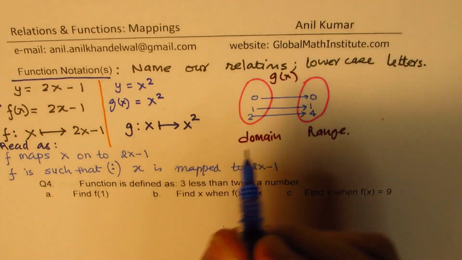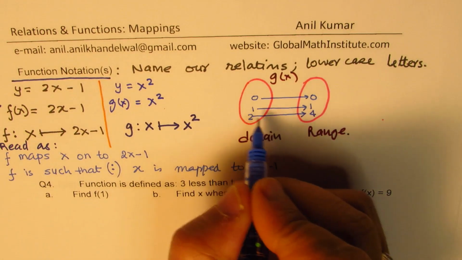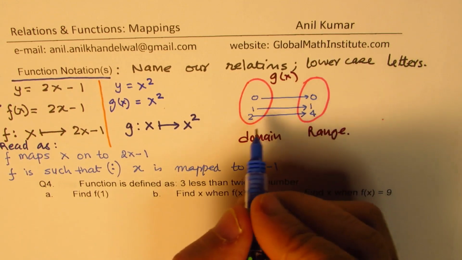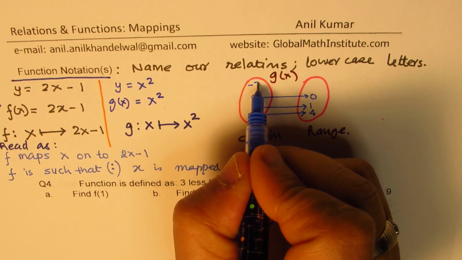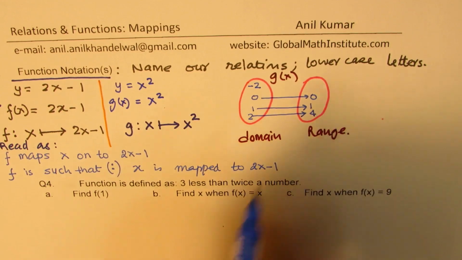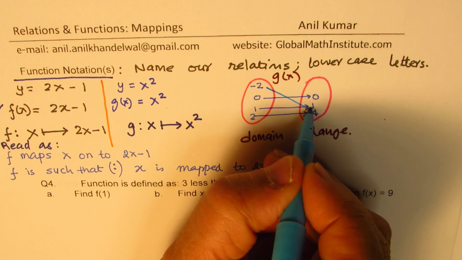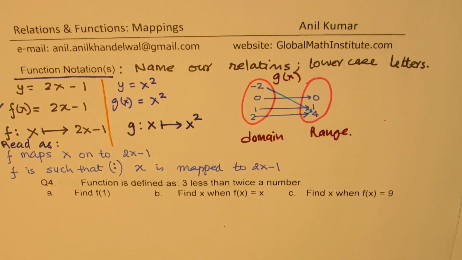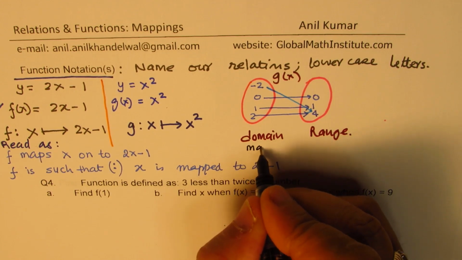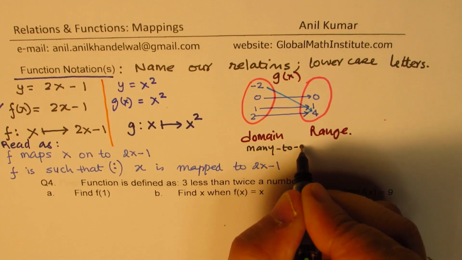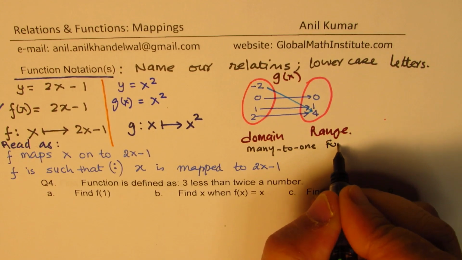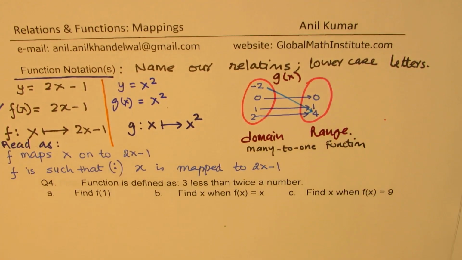What you also notice here is that if it is minus 2, the square is also plus 4. So this particular relation is many to 1. This again is a many to 1 function. Correct?